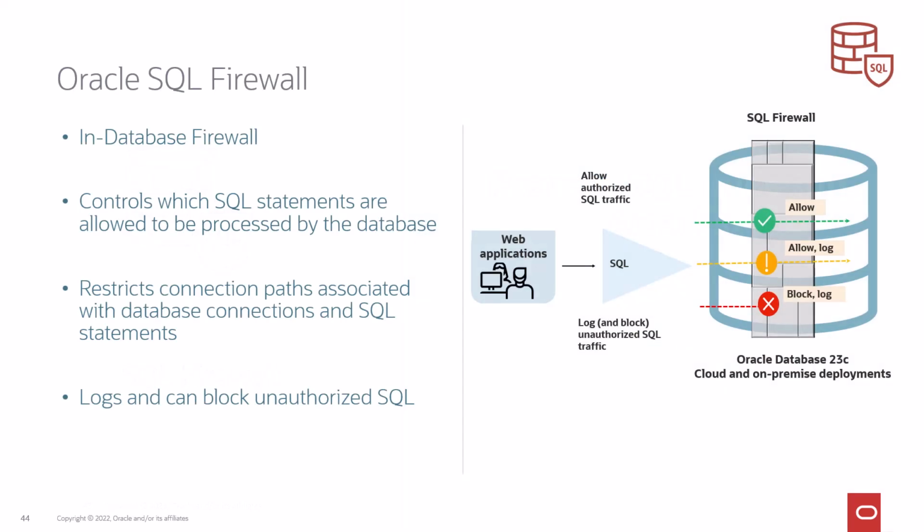It's an internalized in-database firewall that can be used to examine all the SQL statements that are submitted to the database, including some session context information, such as the IP address the SQL statement is executed from, and the database can then decide whether or not a SQL statement is expected and should be executed, or wasn't expected and should be logged as suspicious, or even potentially not executed at all.